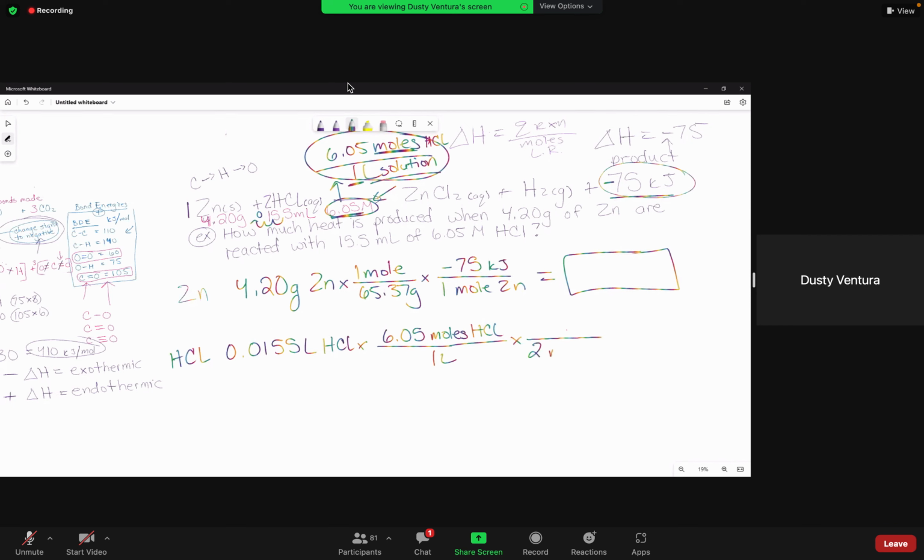For every 2 moles of HCl, there's an equivalent 75 kilojoules of heat given off in this reaction, and that comes from the coefficient 2. So that's one other possible yield of heat. So this is just like finding a theoretical yield, but instead of doing an actual product, we're doing heat, which is a product in this case.